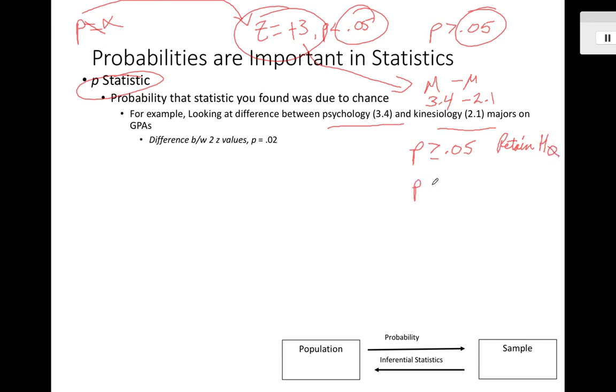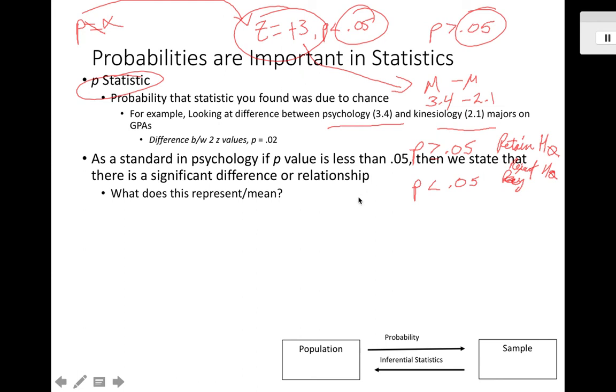If p-value is less than 0.05, we are going to reject the null hypothesis. So if my p-value is less than 0.05, I'm going to reject my null hypothesis. If my p-value is greater than 0.05 or equal to it, I'm going to retain my null hypothesis.